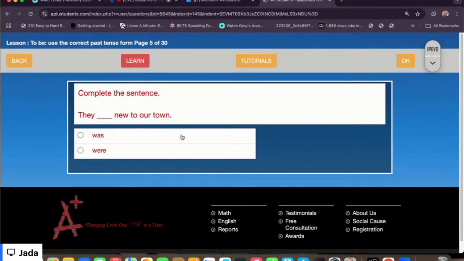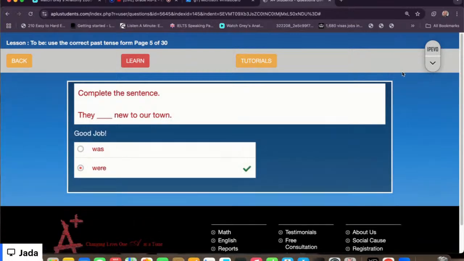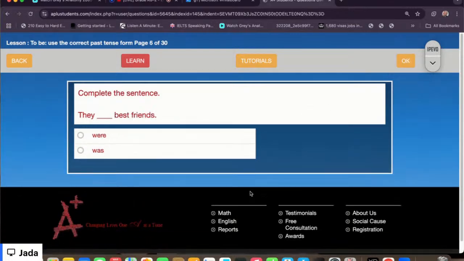Okay, so oh, you're not disturbing. It's okay. They were new to our town. Okay. They dash best friends. What's the right one here? Where or was?